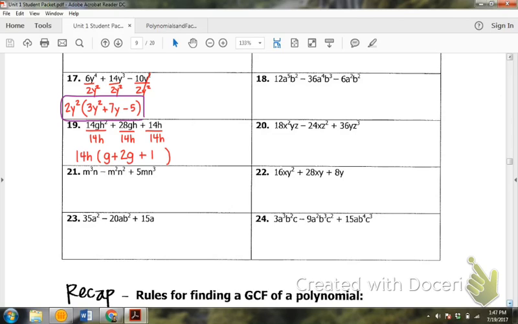Oh, Colton sees something that I messed up on. What was that, Colton? GH squared. So the first term should actually have a what in it? There should be an H next to this G in the first term. Good catch. So it should be GH plus 2G plus 1.